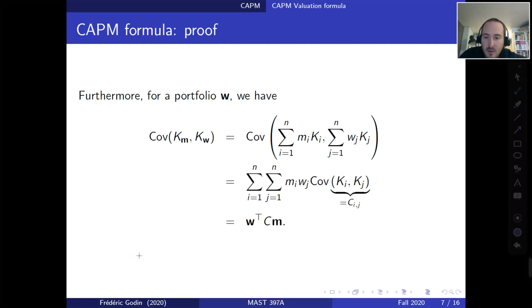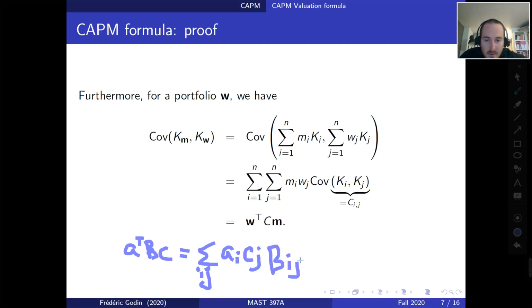In the primer slides, I don't recall the notation we used, but we had something like A, B, C. So let's say A, B, and C: A and C are column vectors and B is a matrix. Then you have the sum over i's and j's of A_i C_j B_ij.